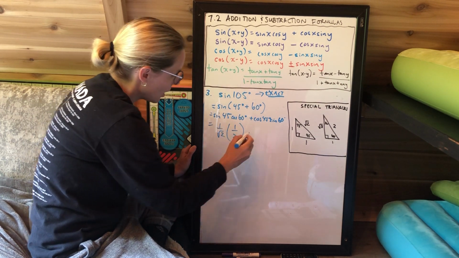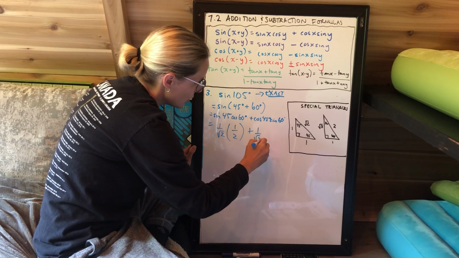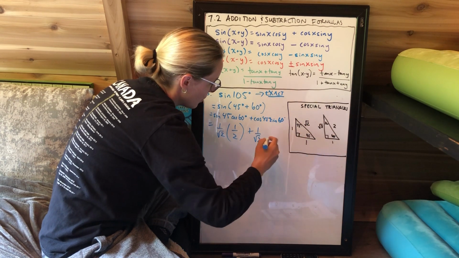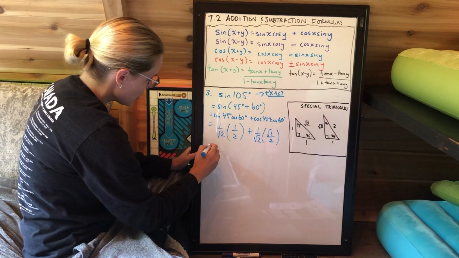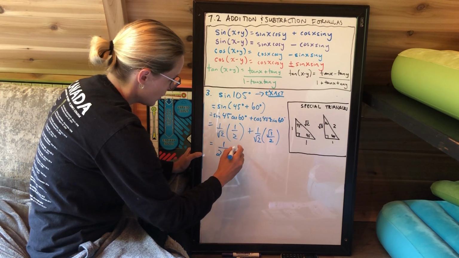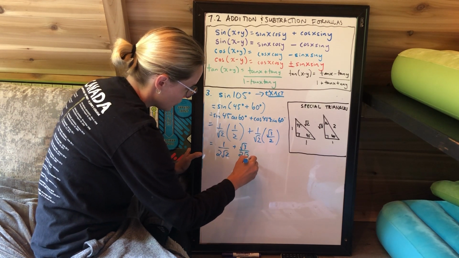That's why I put the brackets there. Plus cosine of 45, which is also 1 over root 2. Sine of 60, which is opposite over hypotenuse, is going to be root 3 over 2. So when I actually multiply these, I get 1 over 2 root 2 plus root 3 over 2 root 2.